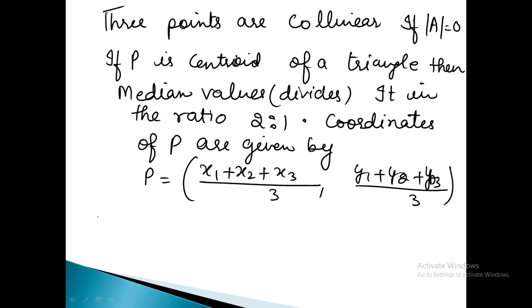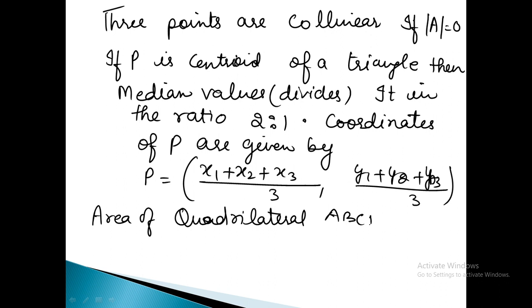And the last formula is the area of quadrilateral ABCD. For this you can use the formula: area of triangle ABC plus area of triangle ADC.